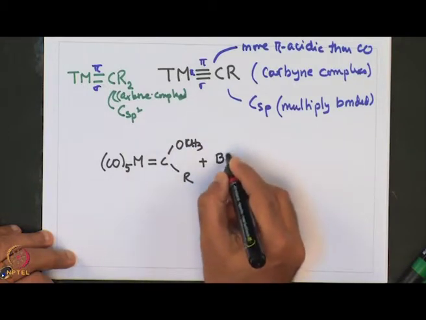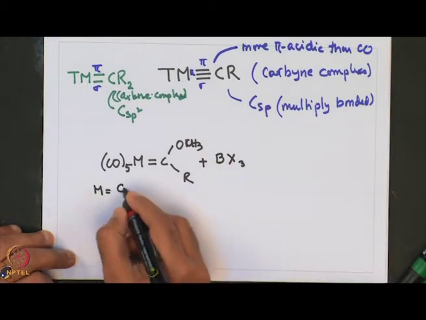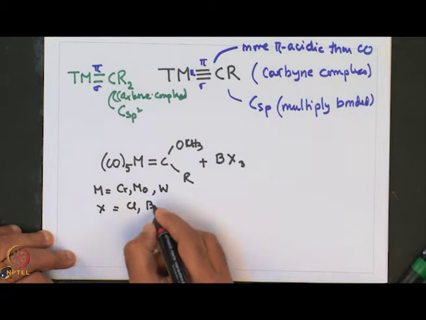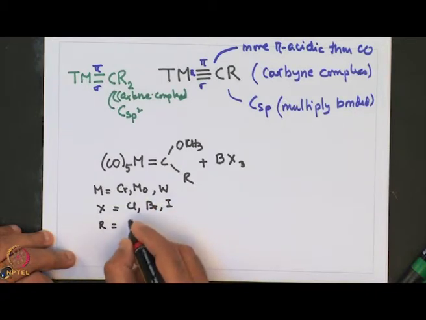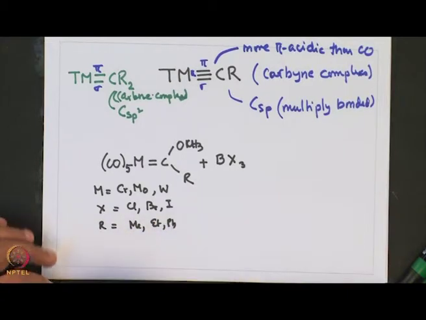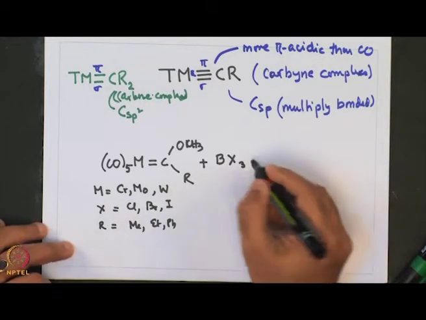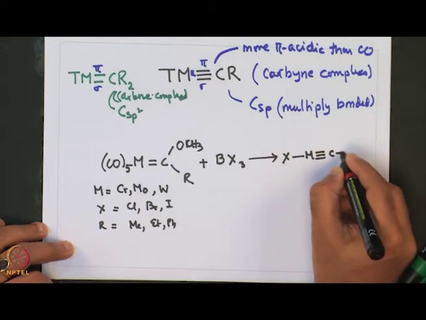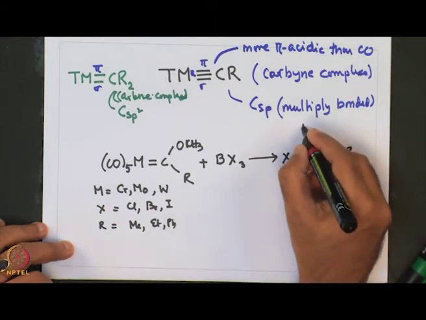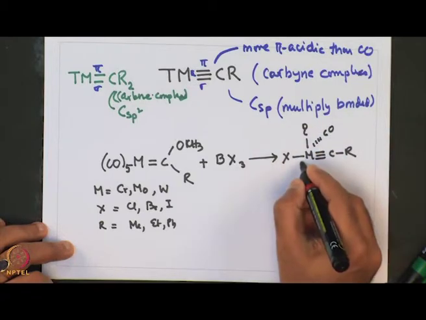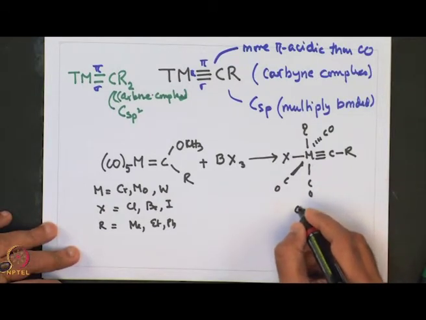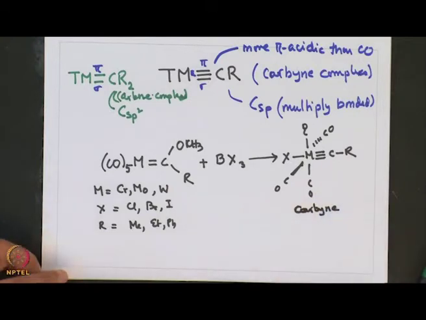A reaction with BX3 reagent, where M equals chromium, molybdenum, tungsten, X equals chlorine, bromine, iodine, R equals methyl, ethyl and phenyl, when treated with that yielded the carbyne complex, which is this carbyne complex, instead of a complex which was initially thought that it would give.